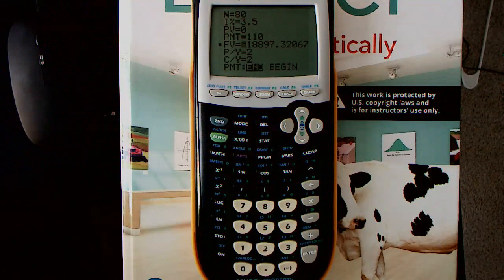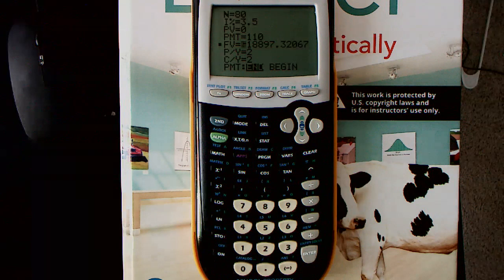By the syllabus, this is the content from 2 days ago that we're supposed to cover. All right, so the future value of the account is $18,897 if we round it to the nearest dollar. Let's go back.